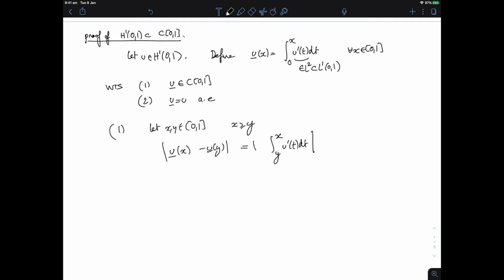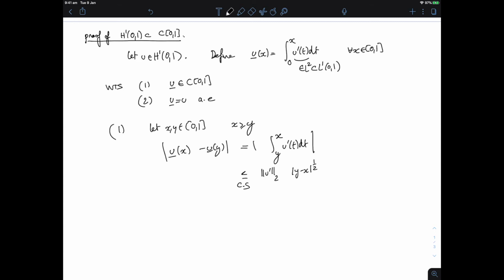And what can I say about that? Well, I could use the Cauchy-Schwarz inequality and say that this is smaller than the L2 norm of u prime, which is an element of L2 because u is in H1, times the L2 norm of 1 integrated between y and x, which is (x minus y) to the power 1/2.